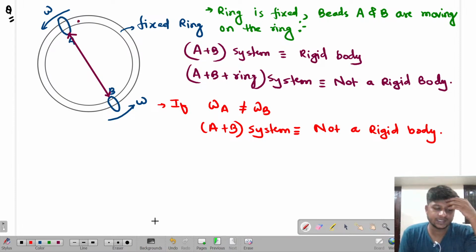So now you got the idea of what a rigid body is? Yes or no? That distance would always remain the same, whether they are having velocities or whatever it is, the distance would always remain the same. Are you able to get me or not? Is that clear or not? And with this approach we'll start our idea of translational motion. Are you able to get me or not?